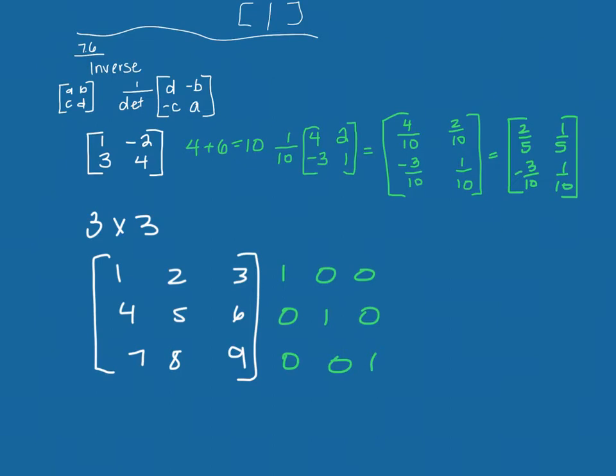So you're basically doing the Gauss-Jordan with two extra columns. Once you get the left side to be that 1, 0, 0, 0, 1, 0, 0, 0, 1, whatever's on the right side is your inverse. So your answer is just what happens on the right side once you get it into the inverse.